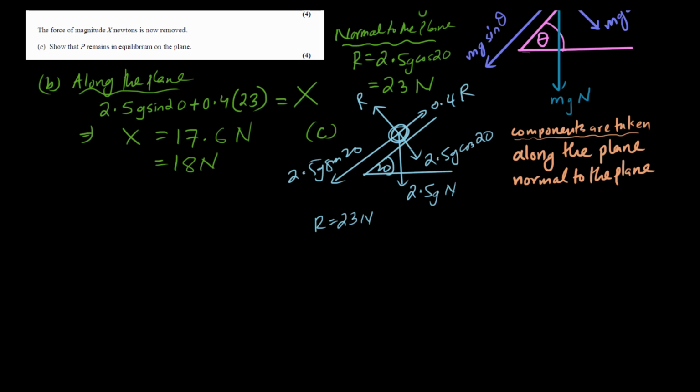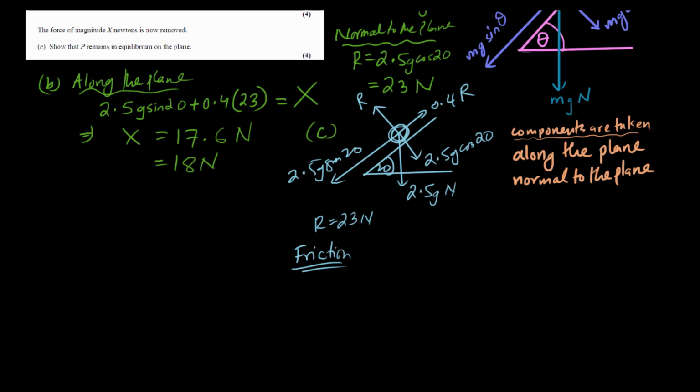Now along the plane, the main math is to see whether the force that is pulling the object downward is more, or whether the force that is pulling the object upward is more. Whichever is more will determine whether the object is going to be in equilibrium or not. First of all, friction.